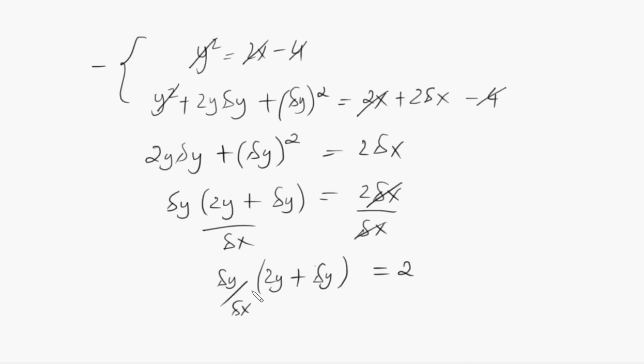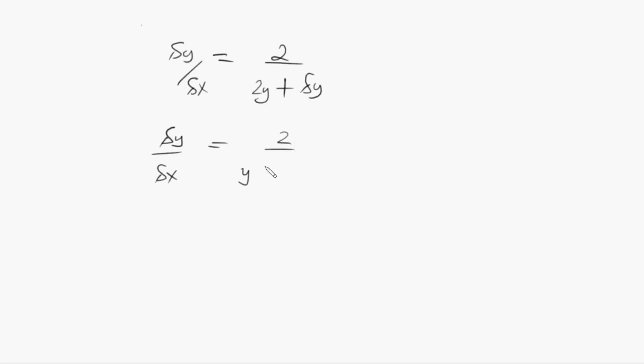This means that delta y over delta x, I'm going to divide by 2y plus delta y both sides. So it will just be 2 over 2y plus delta y. It's just the same thing: y plus y is 2y.